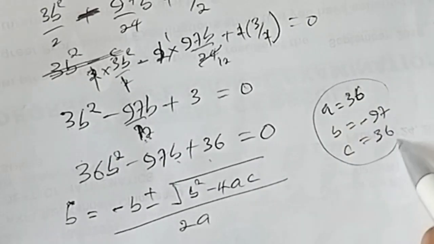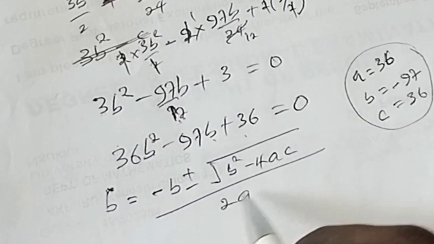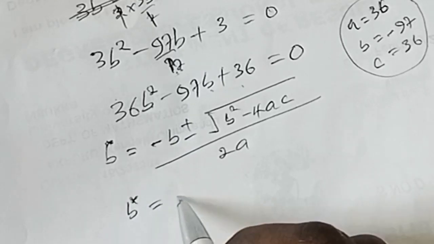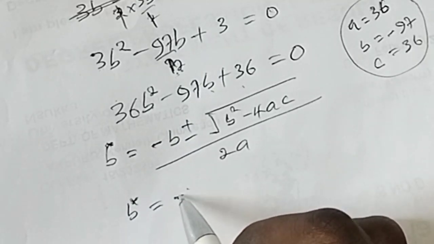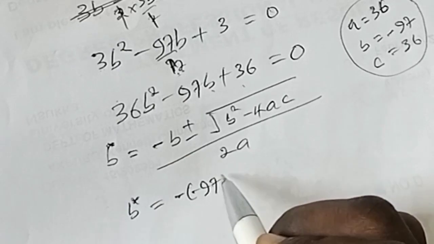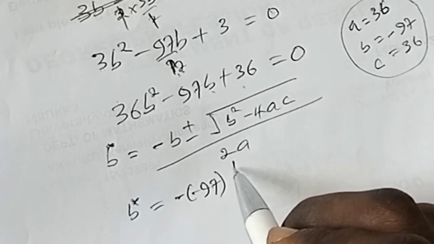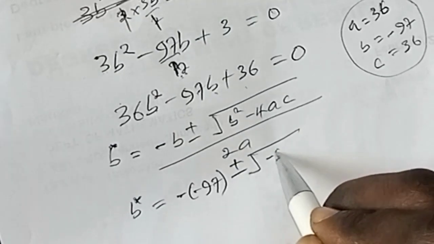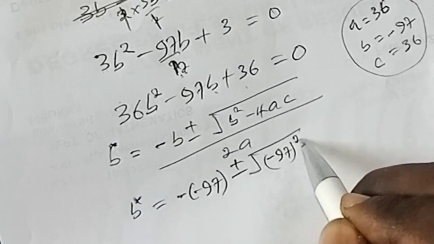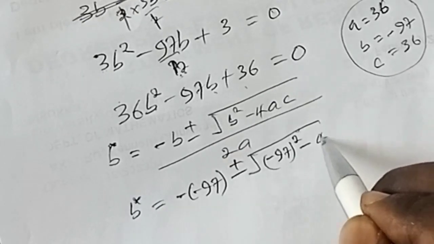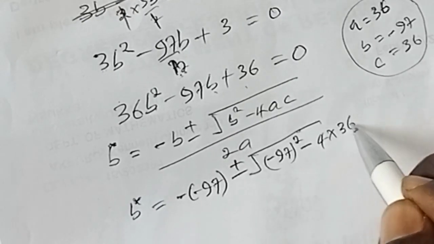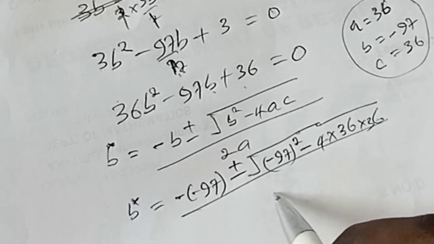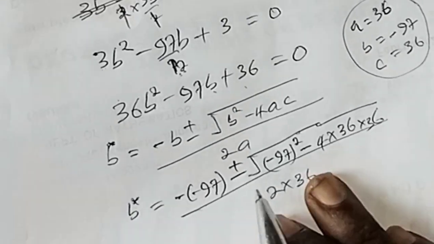So I'm going to replace all of these things in this formula, and if I do that, my b is now going to be minus minus 97, which we simplify, plus or minus the square root of minus 97 squared minus 4 times 36 times 36, and then it's all divided by 2 times 36.